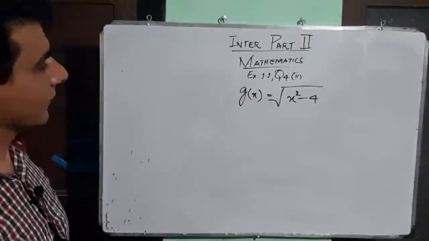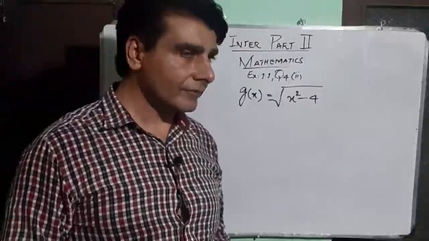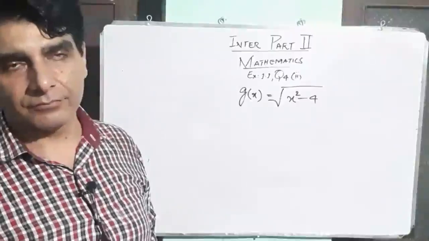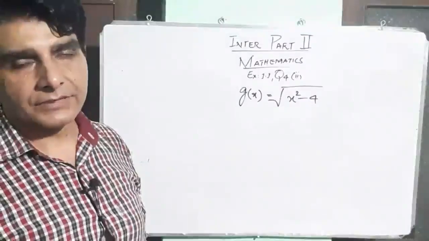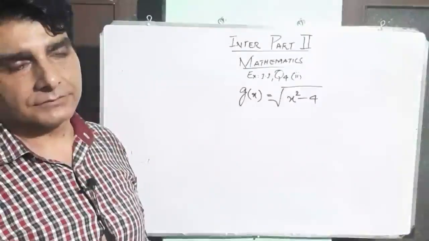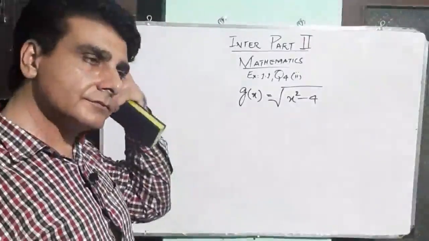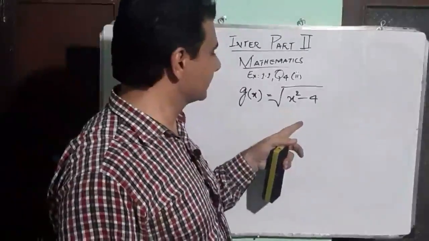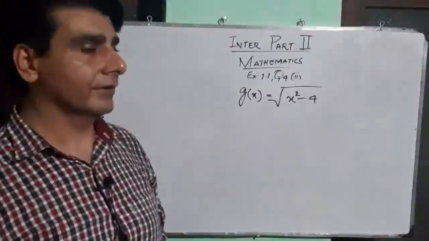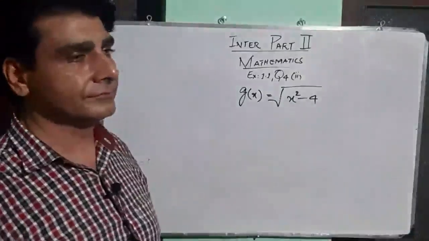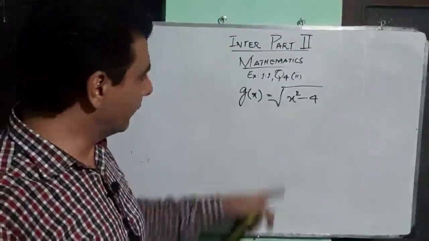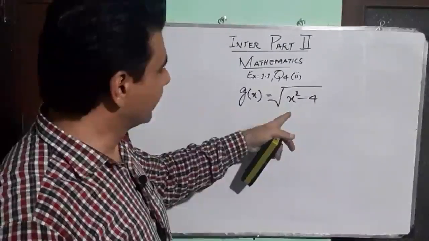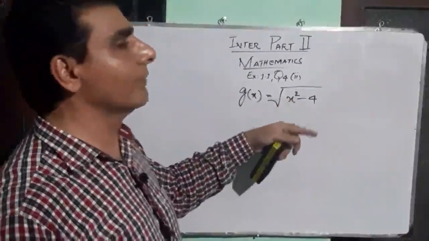As we are discussing the real number system, the set of all real numbers, we have to find some restrictions: it should not be negative. If this expression is negative, this radical function will turn into imaginary.